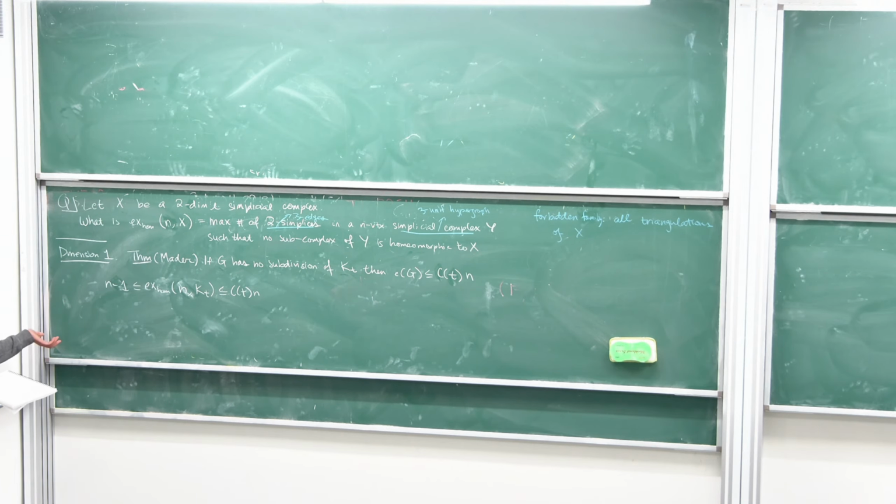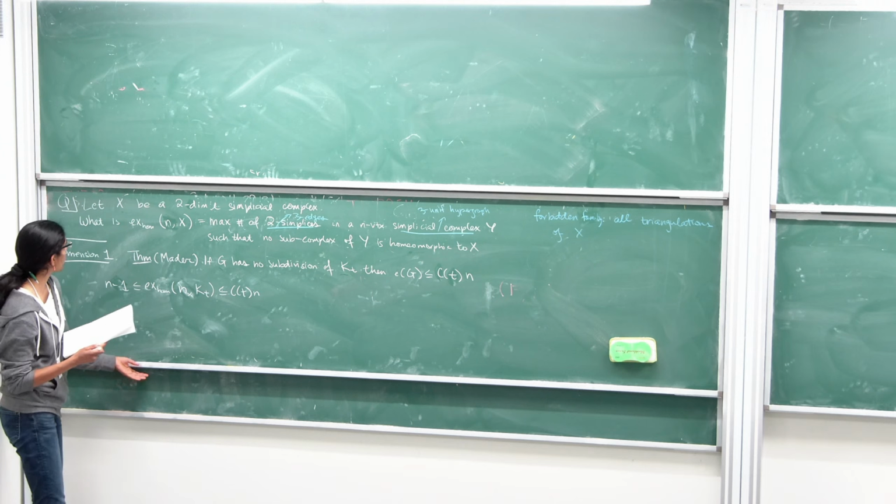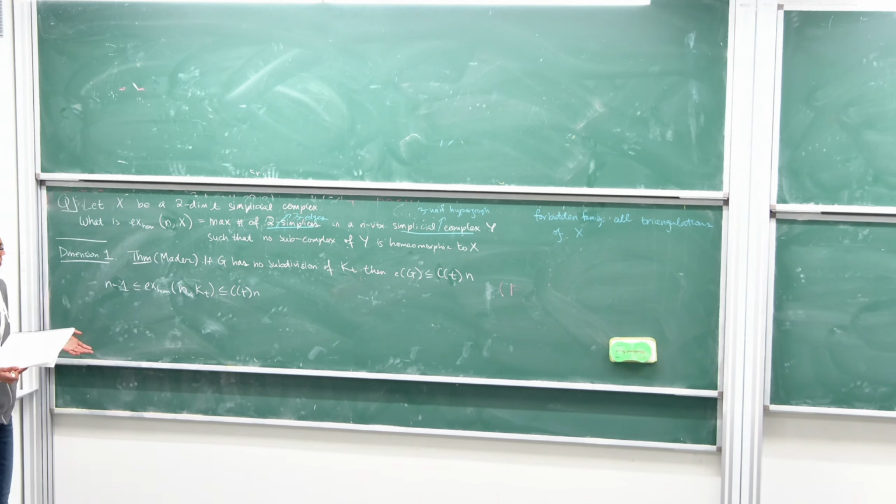So I guess dimension 2 is the first interesting dimension. I guess this has been studied first in the case of surfaces, so sphere, any multi-hole torus, or non-orientable surfaces, and then has also been studied for other simplicial complexes.